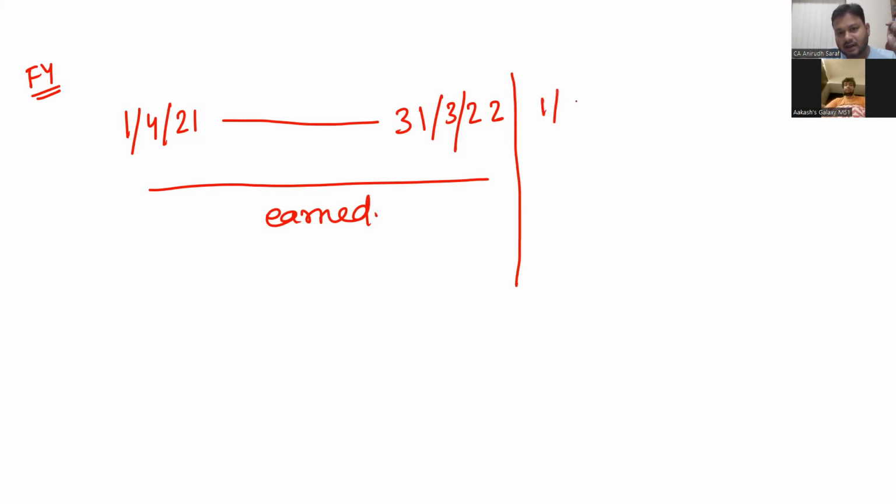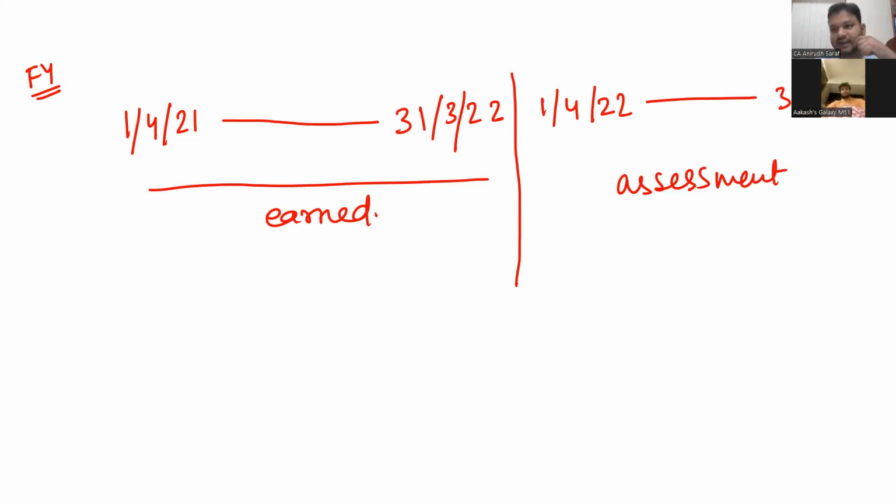After the end of the financial year. So 1/4/22 onwards up till 31/3/23 is called the assessment year. For this income that you earned, this is called the assessment year.